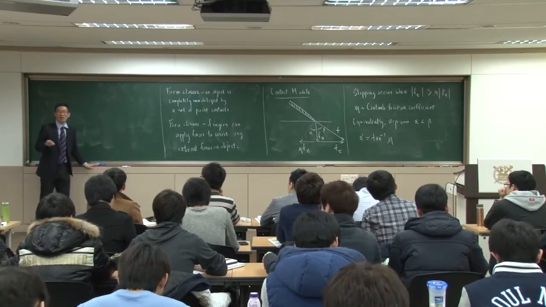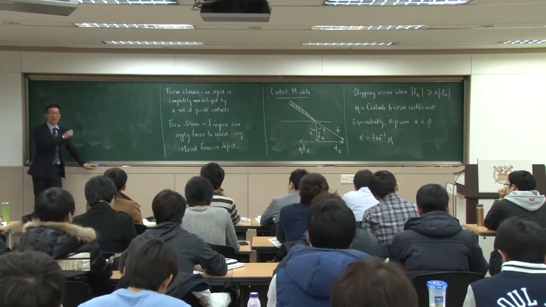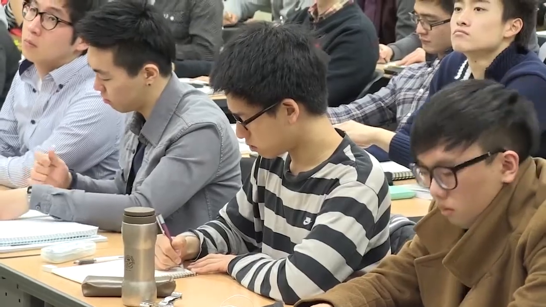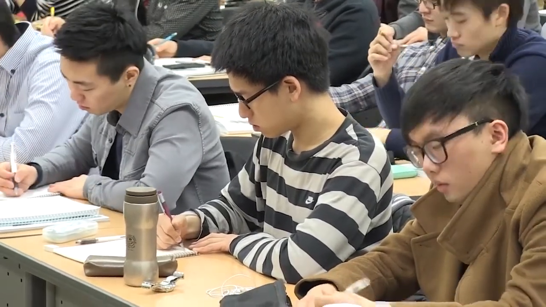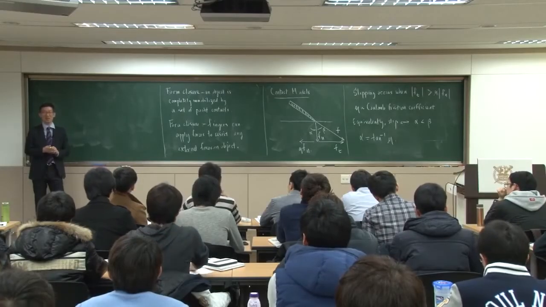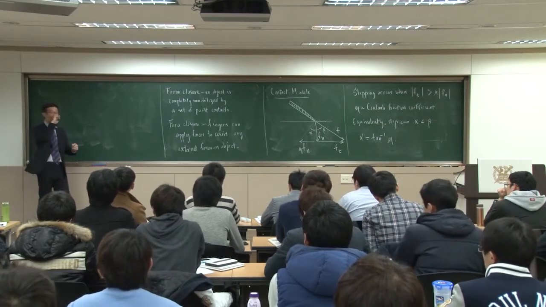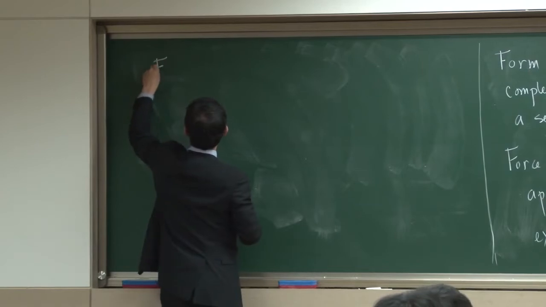From now on, when we talk about friction, we're not going to use the Coulomb friction coefficient mu. Rather, we want to keep doing geometry. So we're going to talk about friction in terms of a friction cone.